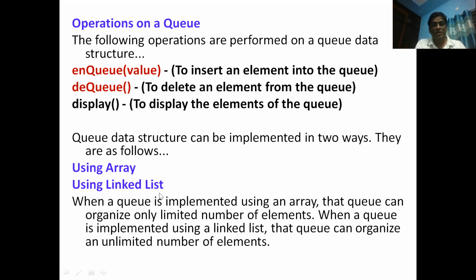If you implement queues using arrays, the number of elements that you can insert is limited, because the size of the array is fixed at the beginning, and only that many elements can be inserted. If you implement queues using a linked list, then you can insert any number of elements. The size of the queue is unlimited.